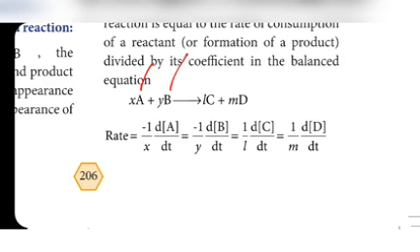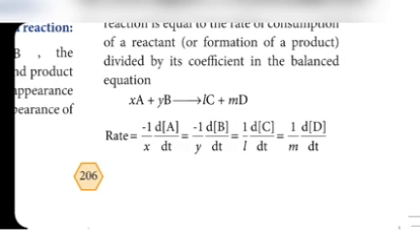A and B both are reactant, C and D both are product. The remaining x, y, l, m are number of moles of A, B, C, D. So these x, y, l, m all are numbers.